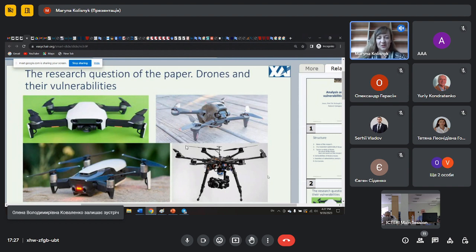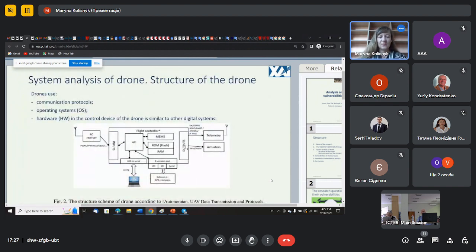Here we can see only one example of a structure scheme of drones. We analyzed different structure schemes and tried to find similar components to understand what can be vulnerable to different cyber attacks inside this device.